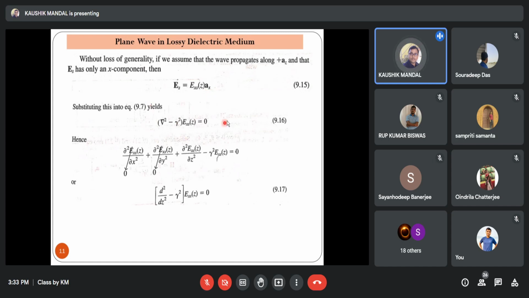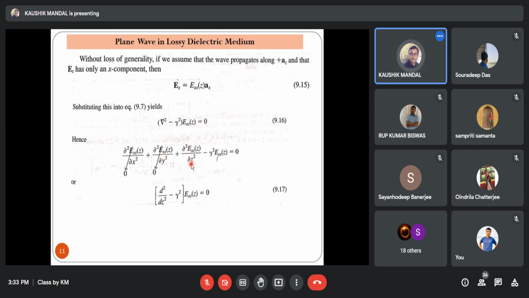Now you apply the basic wave equation, that is, grad square minus gamma square into Exs(z) equal to 0. So grad square of Exs, you know, is nothing but del square by del x square, del square by del y square, plus del square by del z square.